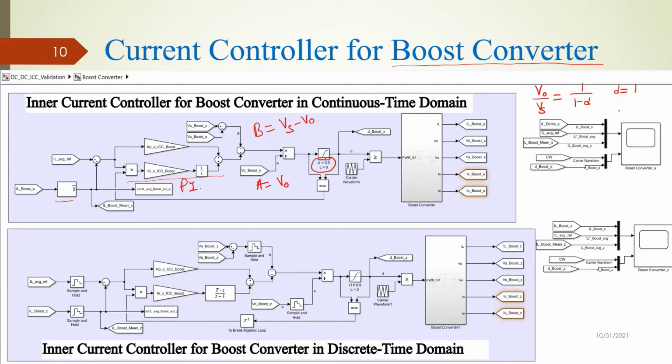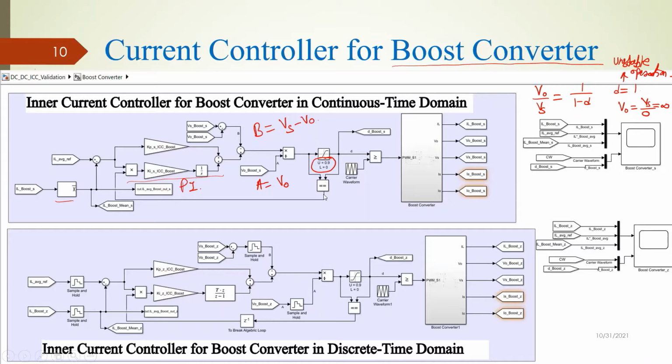Your V out is going to be equal to Vs over 0, which is going to be infinite. So it is not a stable operating point. D equal to 1 is unstable operation.